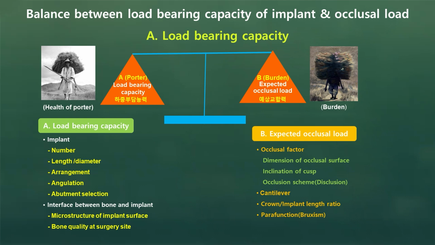These are factors that affect the load-bearing capacity. Another is whether there's appropriate interface between implant and bone. This is affected whether the implant has appropriate roughness. Another point is the bone quality of the site in question. We need to think about that. In terms of unanticipated occlusal force, this will be addressed in detail later.